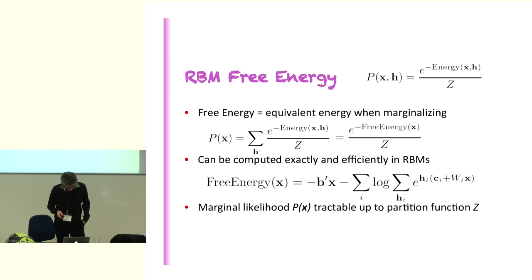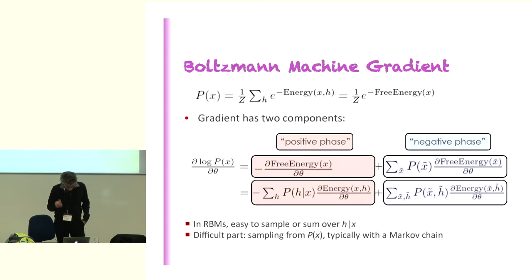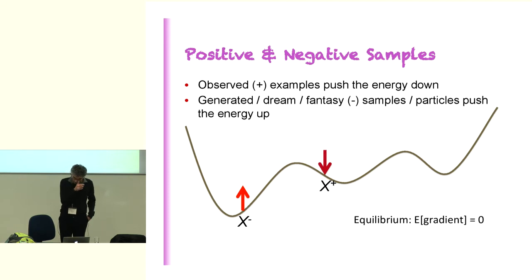I think I'm going to skip all this math and go to some pictures. How do we train RBMs? So there are many methods, but most of them share this very simple intuition that I'm trying to illustrate here. We have some example x, and I'm calling it x plus here.